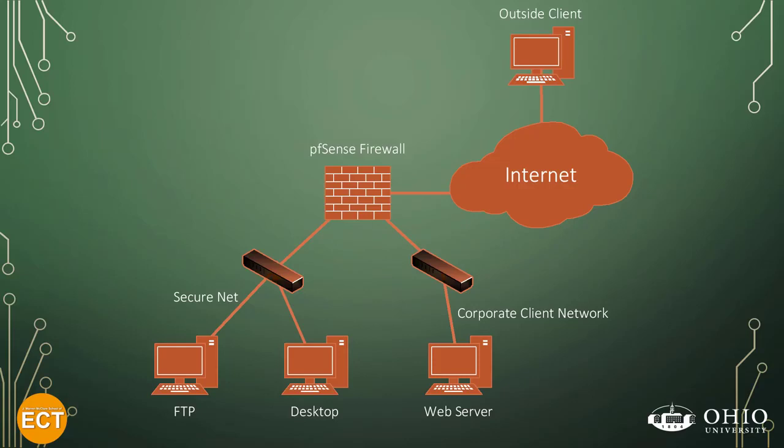So in order to get around that, we don't allow it access to the outside world. Our firewall will block that off. However, our desktop needs access to that FTP server, so it should be able to access it, whereas the outside world, and probably the web server, although I don't think I've ever tried that, will not have access to it.